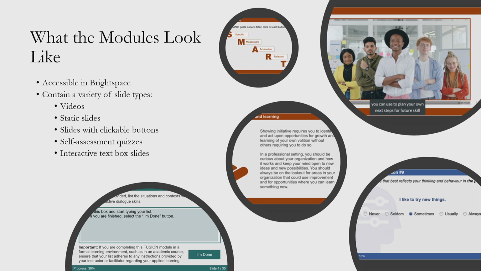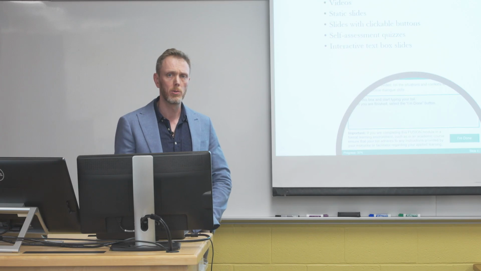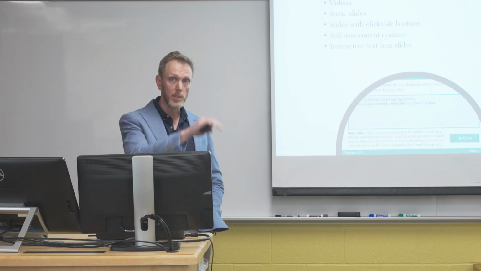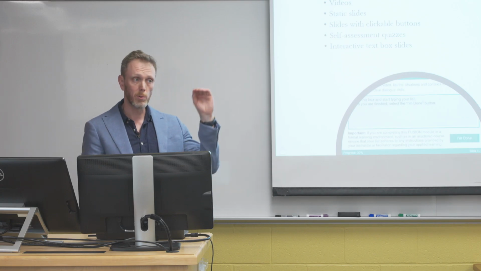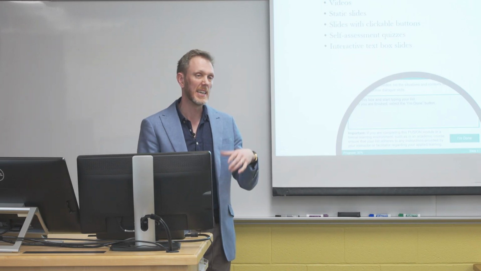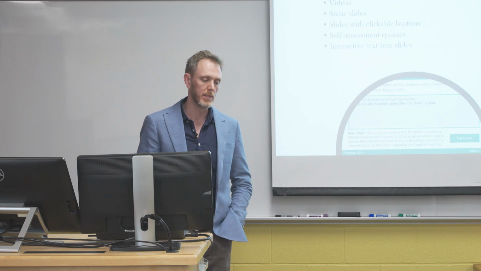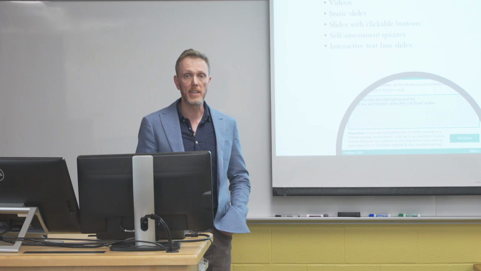So while they do contain slides that are static text for students to work through, they also contain slides that are videos or slides that have an interactive component or clickable buttons. And every single module contains these self-assessment quizzes, both pre and post. So I mentioned that the modules were divided into explore, apply, and reflect phases. And in the explore phase, which is the first one, students are asked to self-report by answering 15 to 20 select an option questions, their own facility with that skill.